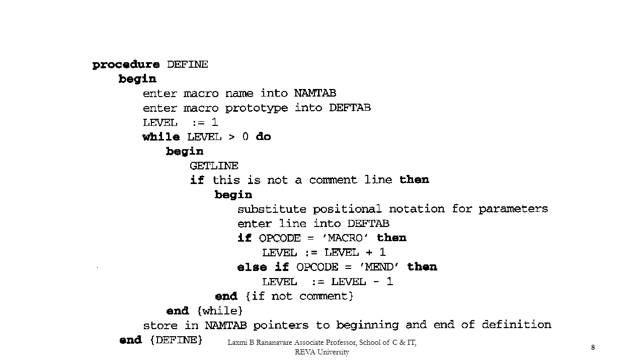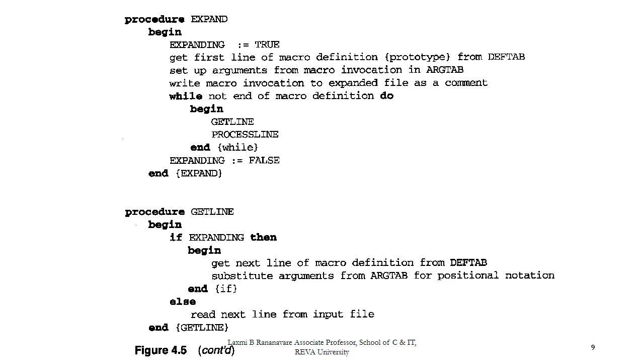And the second thing it does is store the macro definition in a table called define table, and all the parameters are replaced by the positional arguments. So that is done in the define.